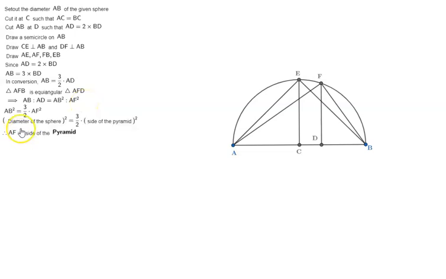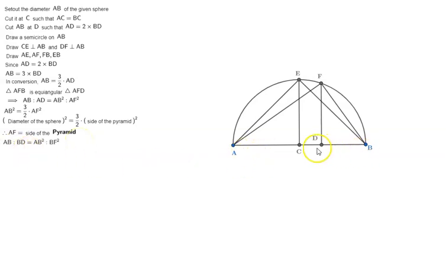We have seen previously that the diameter of the sphere square is equal to 1.5 times the side of the pyramid square. So that means AF is the side of the pyramid.